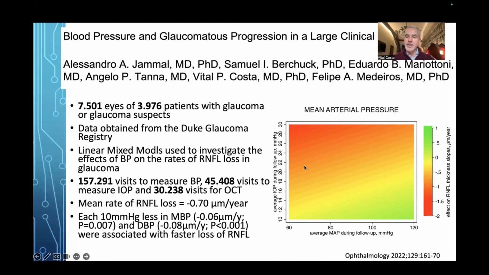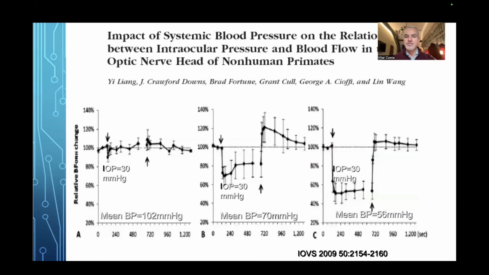And what you can see here in this example, for example, patients with high intraocular pressure and low mean arterial blood pressure have a faster rate of retinal nerve fiber layer loss. Whereas this patient here, on the other end, with higher mean blood pressures and lower intraocular pressures, have a lower rate of retinal nerve fiber layer loss. So this, for me, shows brilliantly the important relationship between intraocular pressure and blood pressure.